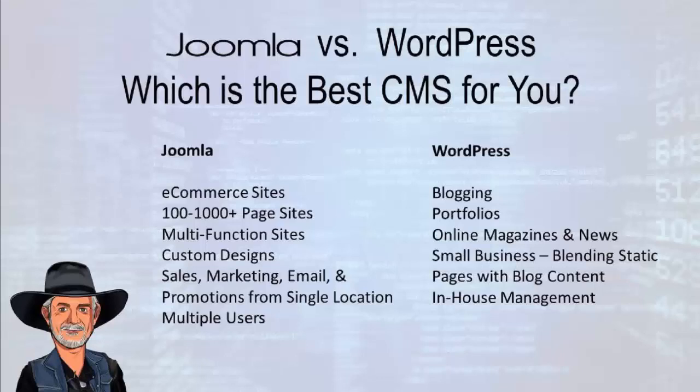That could have its own very unique appearance. That is different from the administration section and different from the retail section or the public section. And Joomla excels in doing that. That's just completely not possible with WordPress.